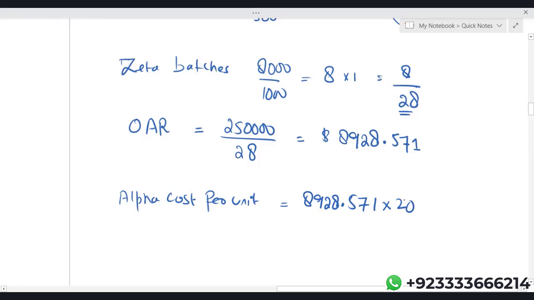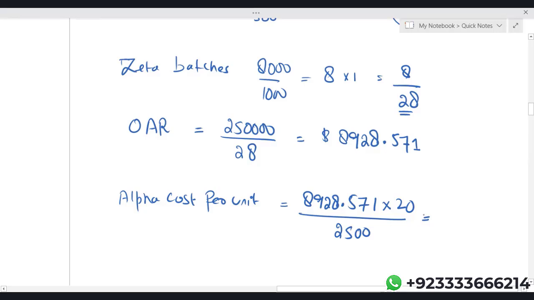In order to manufacture 2,500 units of alpha, the total number of inspections we will carry out is 20. So by multiplying per inspection cost with the number of inspections required in alpha, you get the total inspection cost related to alpha. Then divided by 2,500 units of alpha will give us the inspection cost per unit of alpha.